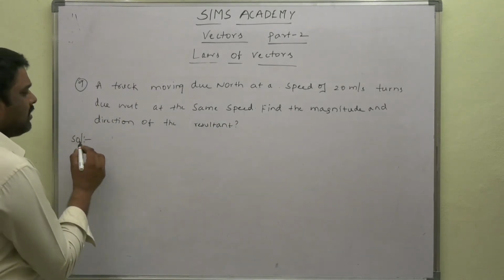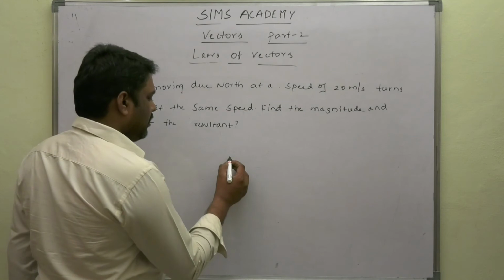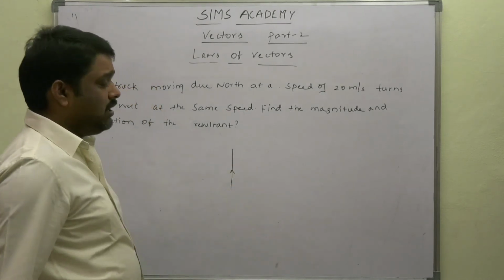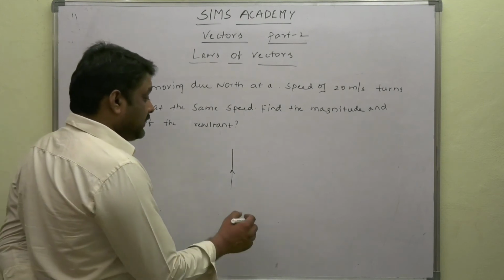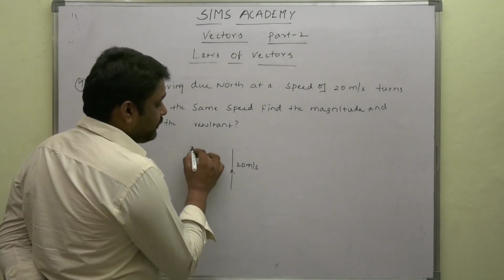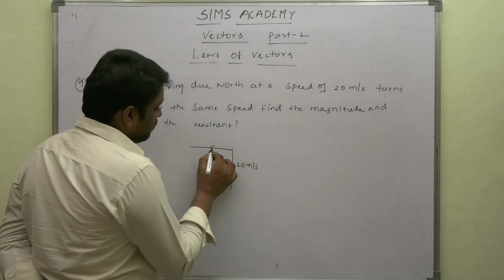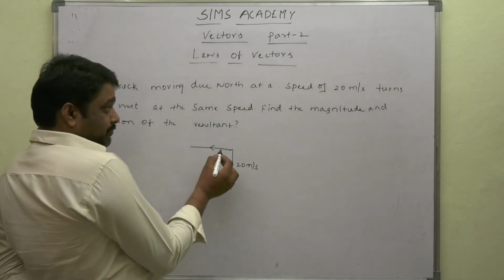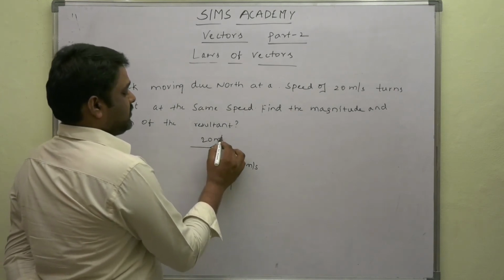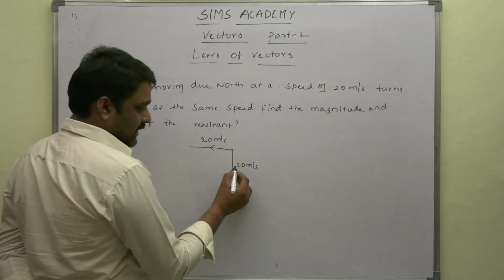Okay. A truck traveling due north at the speed of 20 meters per second turns due west with the same speed, 20 meters per second.